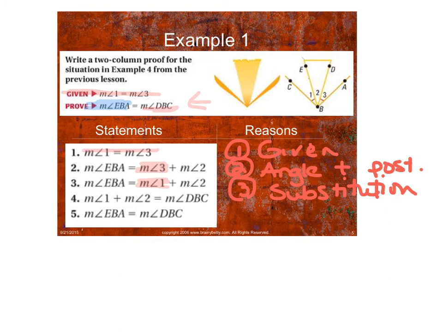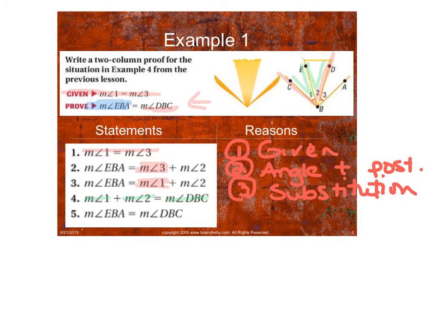So I have DBC as this big one right here, and it's made up of angle 1 and angle 2. Notice they're showing us that this smaller angle 1 plus smaller angle 2 equals the bigger angle DBC. So this is what?